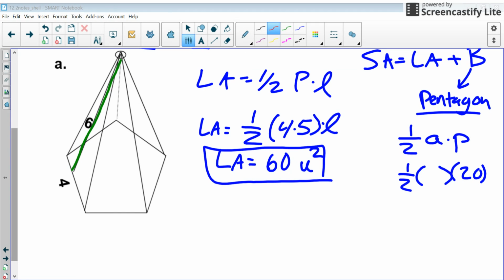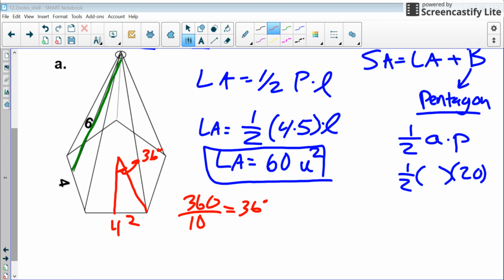Okay, so you got a few different ways you can do this. That's going to be 2. Let's do the way where we do 360 divided by 10, 2 times 5, to get 36, and that will tell us this angle here. So that angle is going to be 36 degrees.